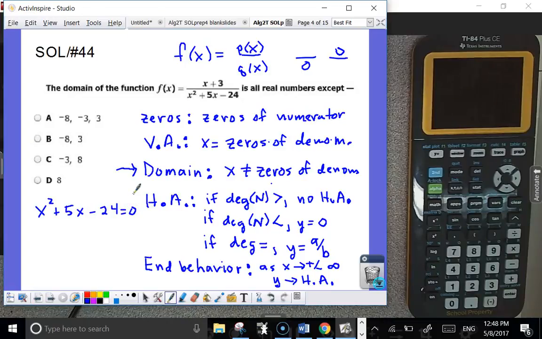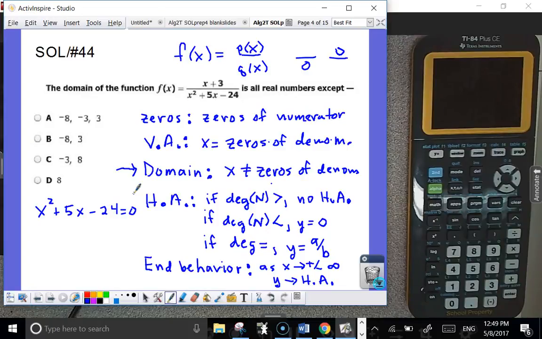If it's factorable, that's probably the easiest way to go. If it's not factorable, what else could you do? Quadratic formula. What else could you do? The app, right? You could do the app. In this case, you could even use the calculator. You could graph it and look for the x-intercept.